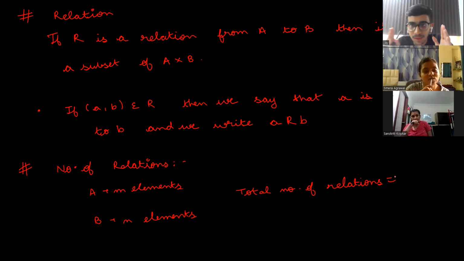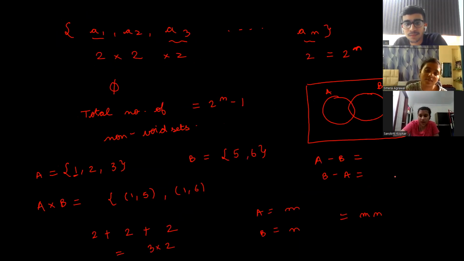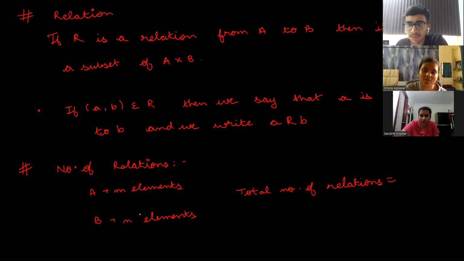Okay? So if A has m elements and B has n elements, what is the maximum number of elements in a relation? See, a relation is a subset of what? A cross B, right? How many maximum elements are there in A cross B? mn, right? That is how you calculate the number of elements in the Cartesian product.